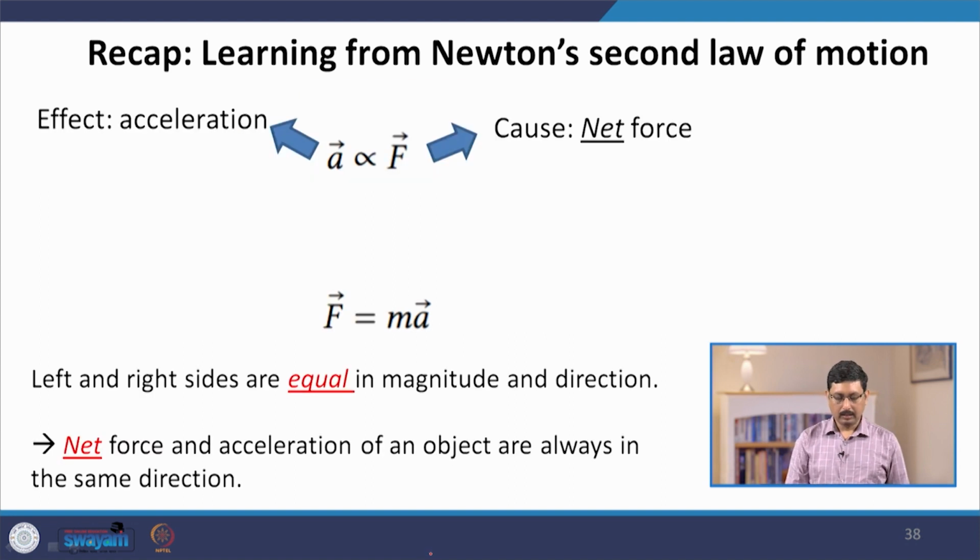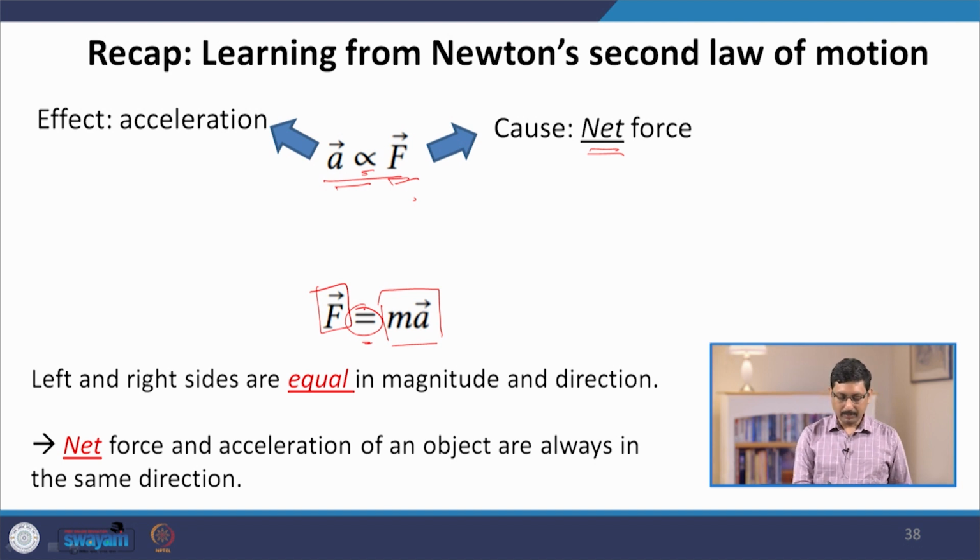Now, if we combine all these three messages in a single picture. The first part is that this acceleration, which is the effect caused by the total force, and now you replace this proportional to sign with an equality sign. This equality sign itself is important, because it means that the right hand side and the left hand side of this equation can be independently measured.